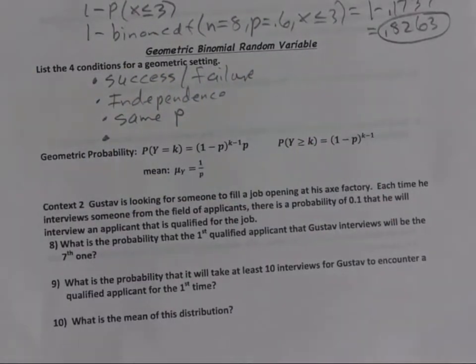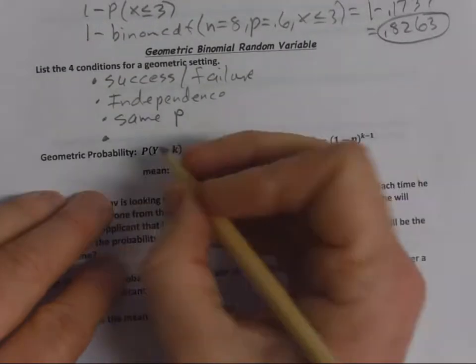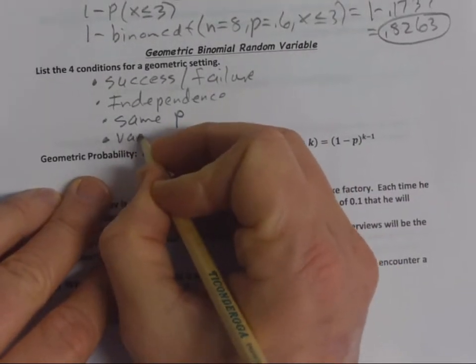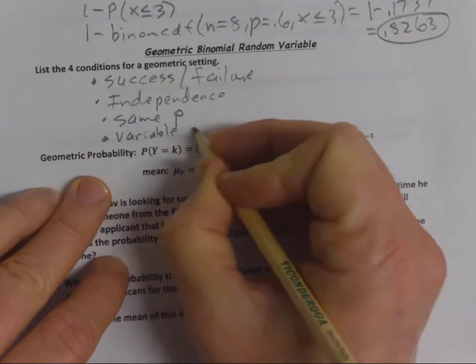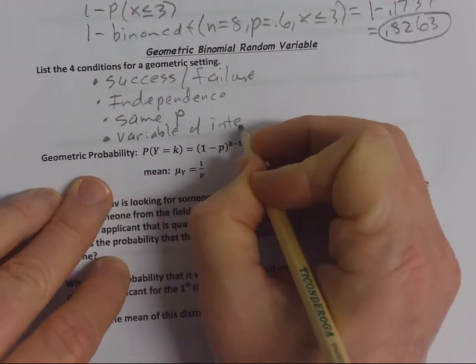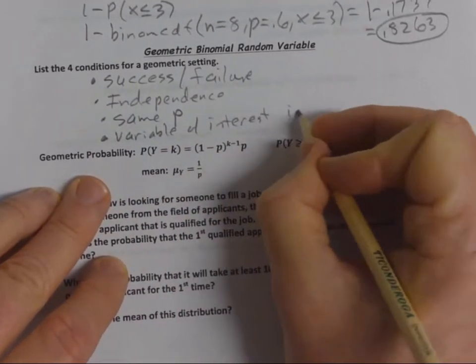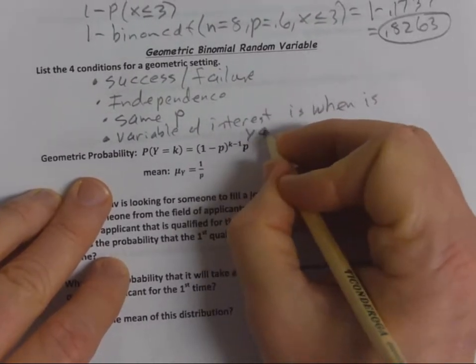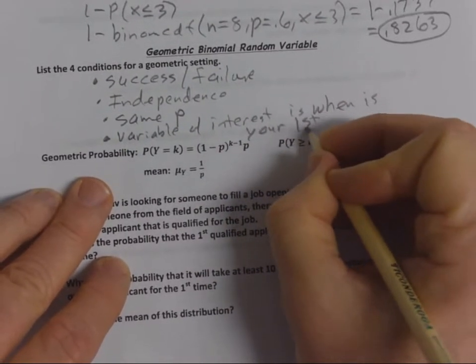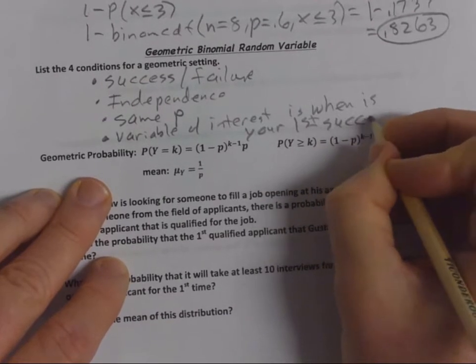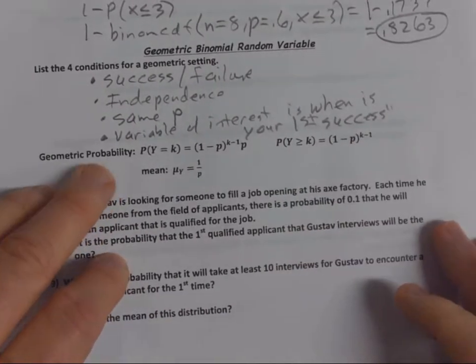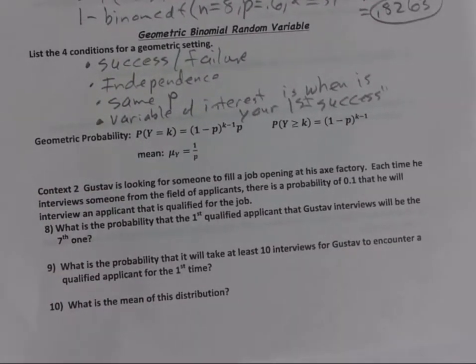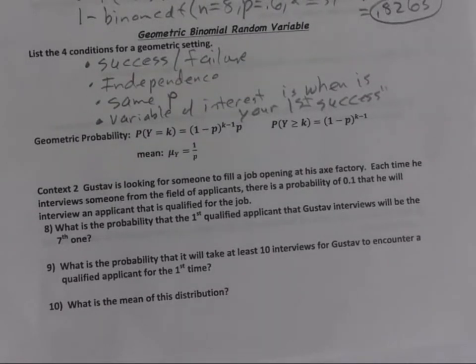First of all, we don't have a fixed number of trials, but the variable of interest is when is your first success. That is what it's going to ask you. So right when you see, when is the first success, you're going to say, aha, this is a geometric situation.